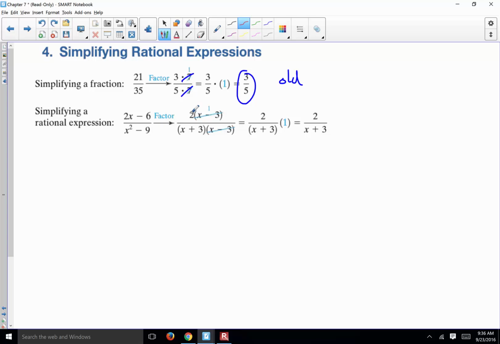Greatest common factor. Is there anything common between 2 and 6? Yes, there is. 2. This is section 6.1, finding greatest common factor and pulling it out. You have factored the top. What section is this from? What fact have they used here? Do you guys remember this?